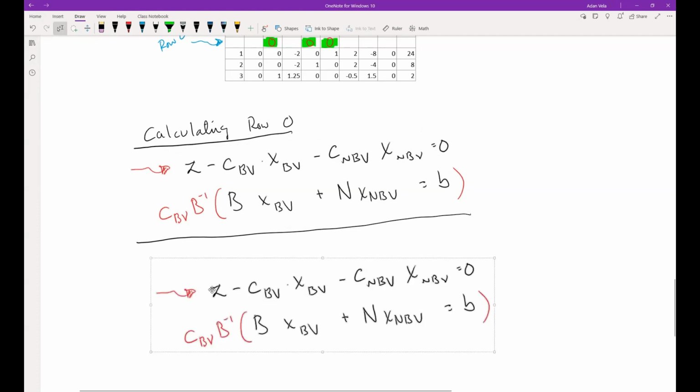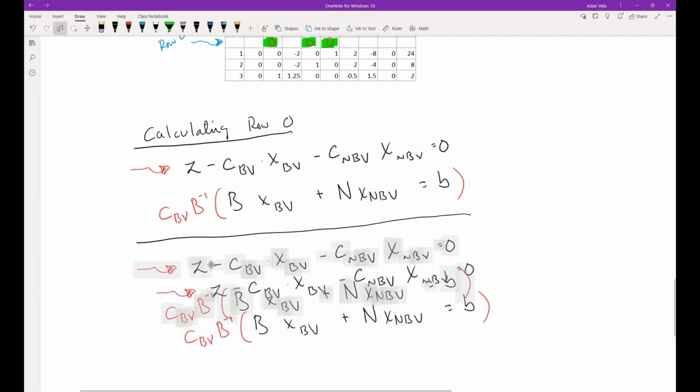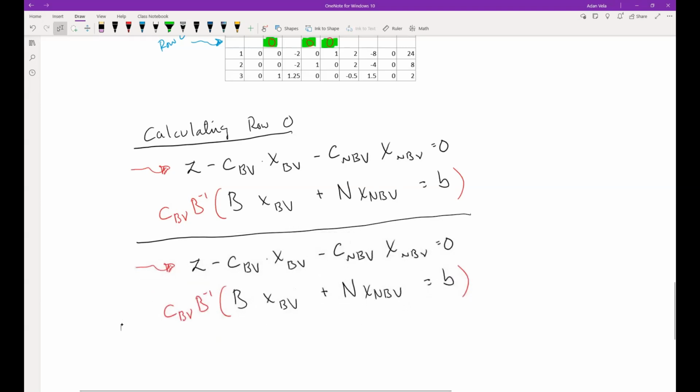All right, so we're going to add these things together. So for starters, we might as well just do the multiplication. So when we multiply this first quantity, the B's cancel and we end up with just CBV times XBV. The next part, we end up with CBV times B inverse times N XNBV.